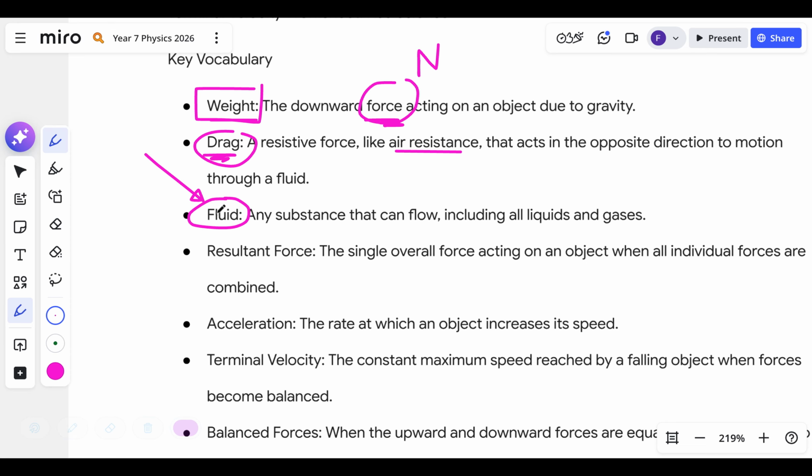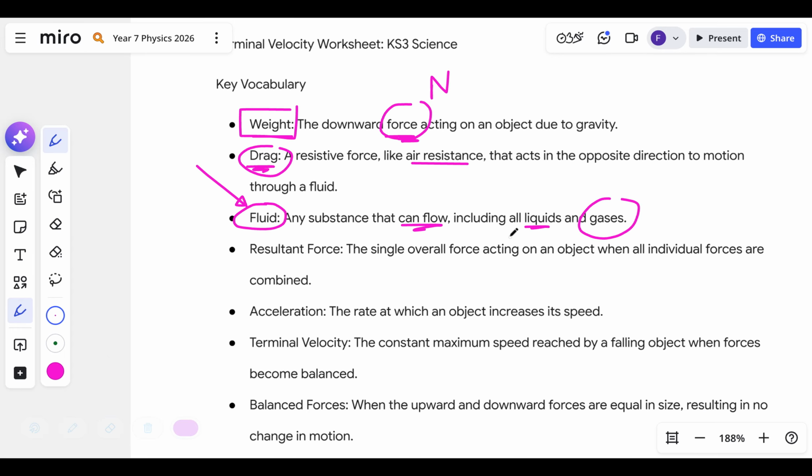Most people think about fluids as liquids, but actually, it's anything that can move, can flow. So fluids include not just liquids, but also gases. And as I said, this is not English, this is physics, and you've got to understand it.